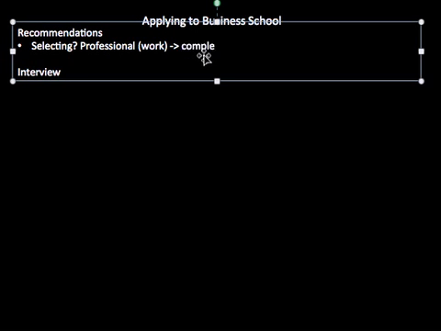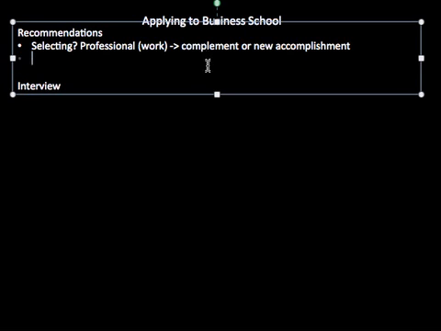They can complement what's included, so they can mirror an accomplishment that you already have, or it can be a new accomplishment that you did not cover, and maybe the connection is that accomplishment is similar to another accomplishment that you spoke about in your application or at that employer, so that they can complement each other.